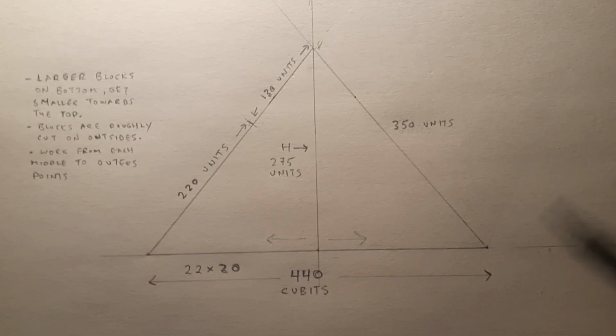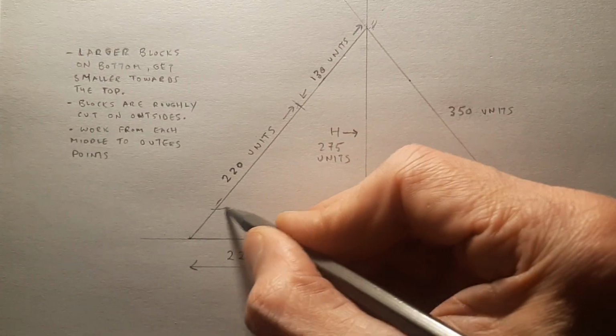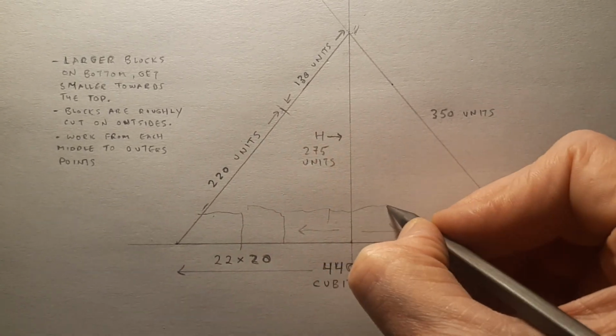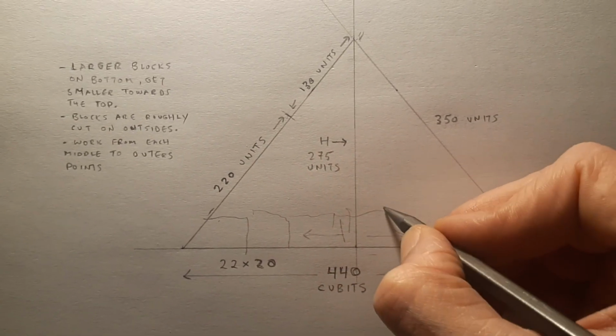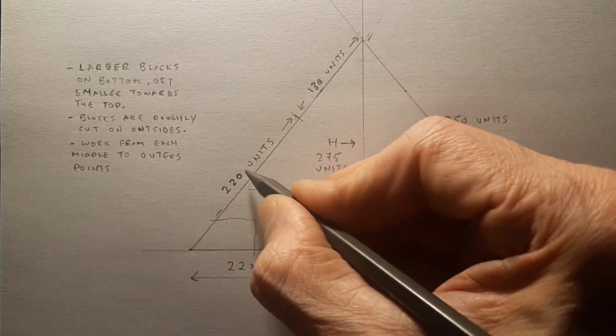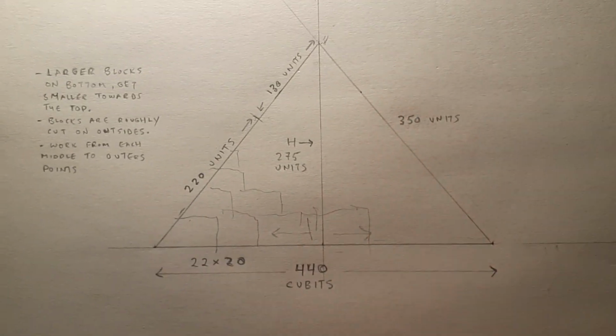Those are your guidelines. You're pretending that's the line there. You're putting in your massive size stones, like that in there. Whoops, that ends in the middle there. But anyway, you get the picture, and they get a bit smaller and a bit smaller as they work their way up.